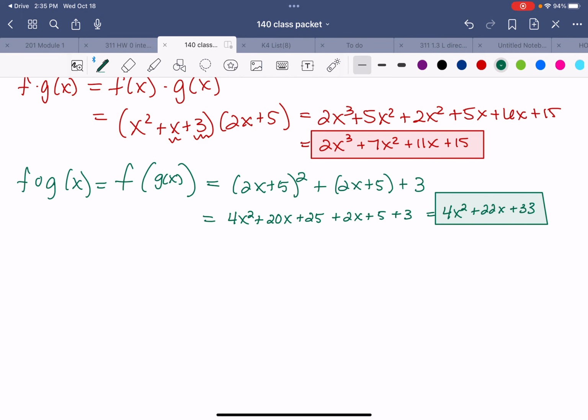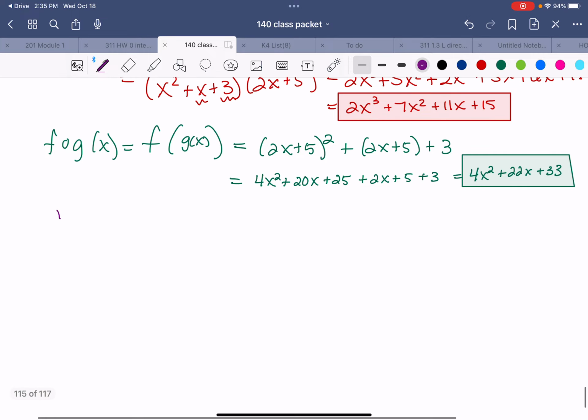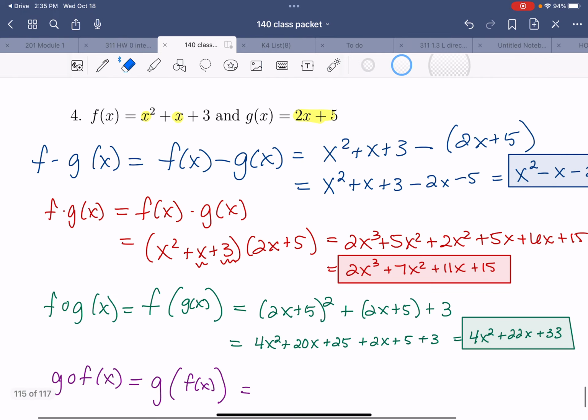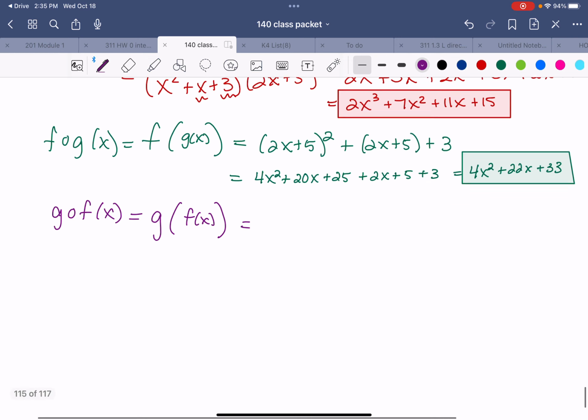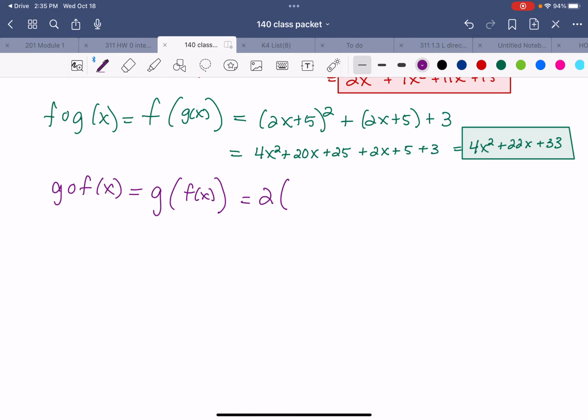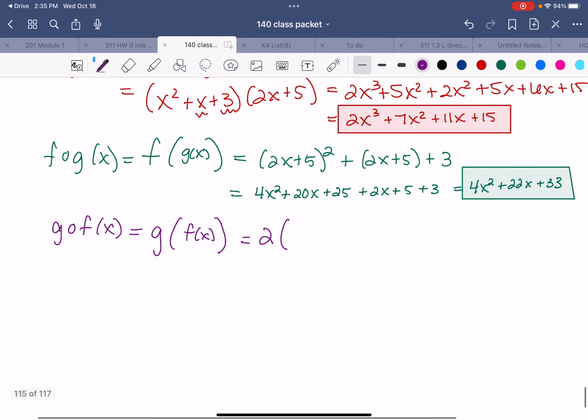And then we want to compose in the opposite order. So we're going to take our g of f of x. So we're doing exactly the opposite. We're going to take our f and replace it right there in the g. So we're going to take 2 times everything that's in f, so x squared plus x plus 3.